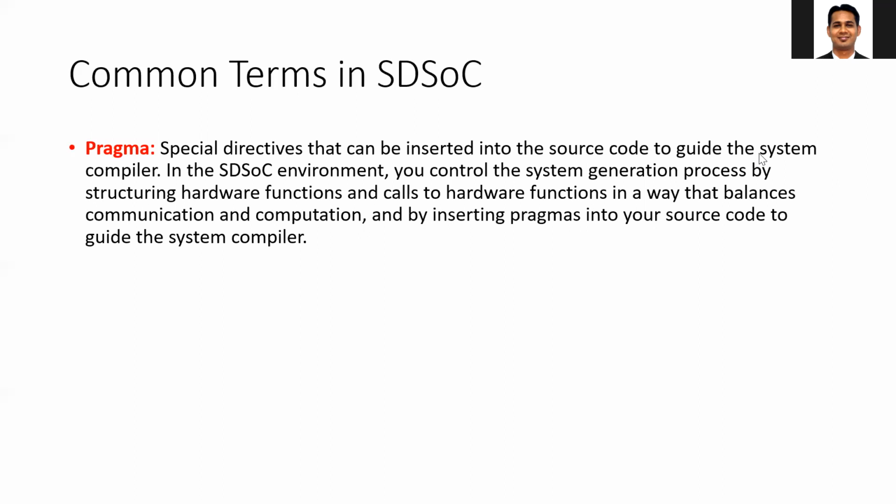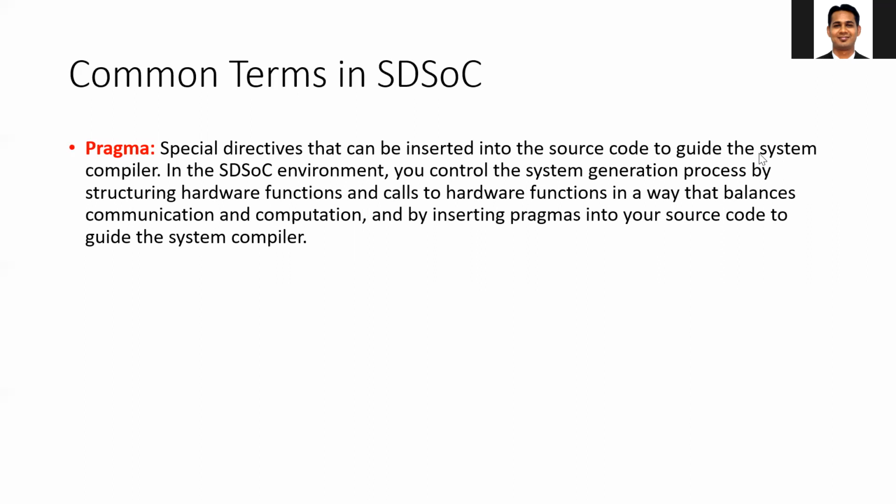In the SDSoC environment, you control the system generation process by structuring the hardware function. You write proper code for the hardware function, as well as for the data communication between the accelerator, that is the hardware function, and your processor, or the memory and the hardware function, so that you make a good balance between the data communication time and the data execution time.